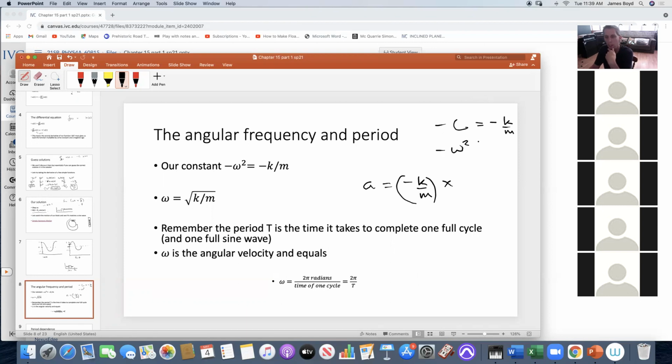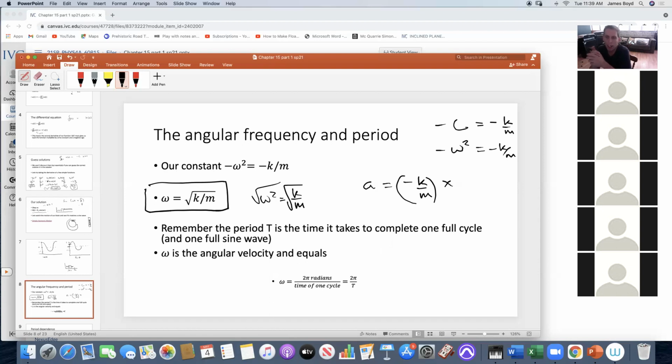And since we know that that's omega squared, we get that omega squared is k over m, where k is our spring constant, m is our mass. If we take the square root of both sides, we get this. Okay, that's important. Omega, for a restoring force, is the square root of k over m.